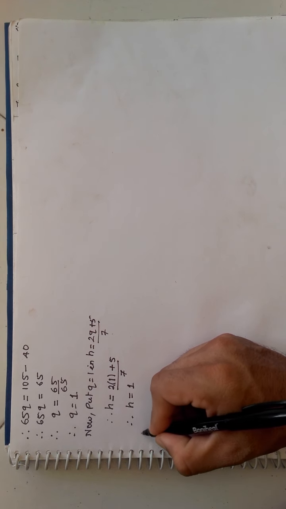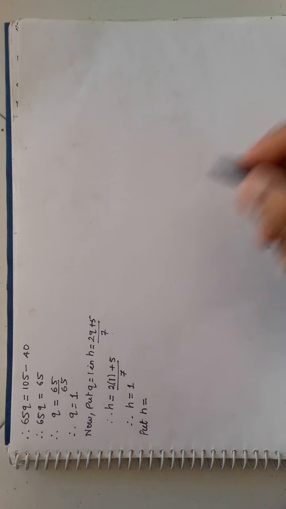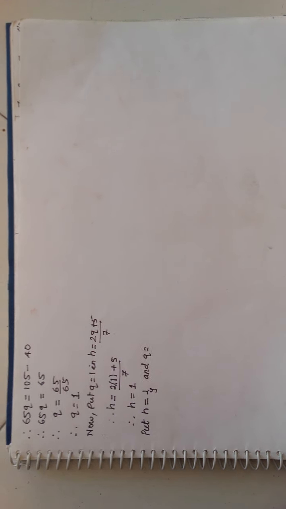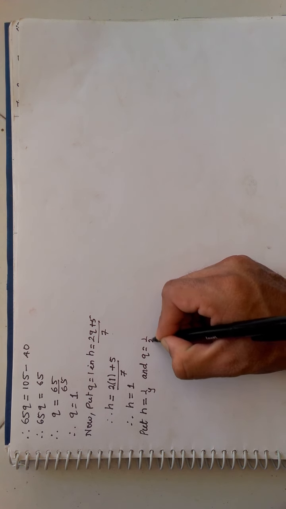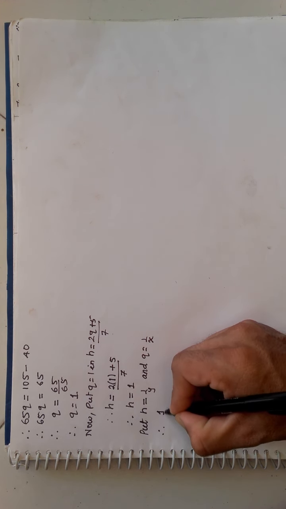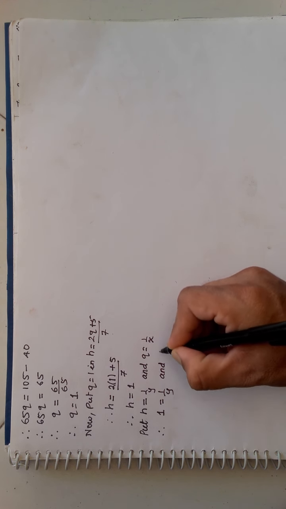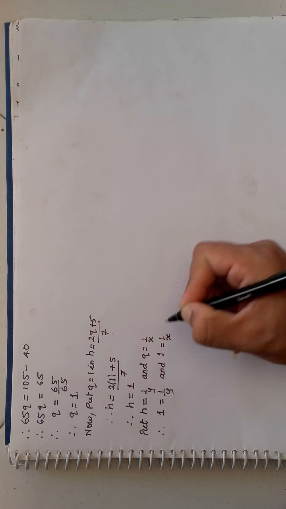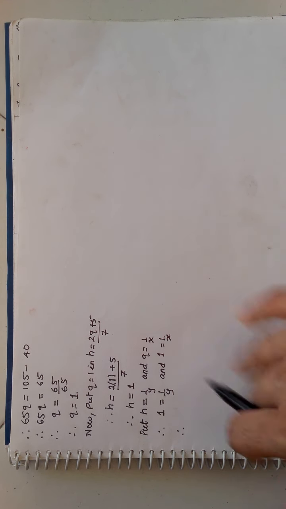You remember that we have put here h is equal to 1 by y and q is equal to 1 by x. So obviously your h becomes 1 is equal to 1 by y and q also is 1 is equal to 1 by x. So obviously invert it, because both are equal ratios.